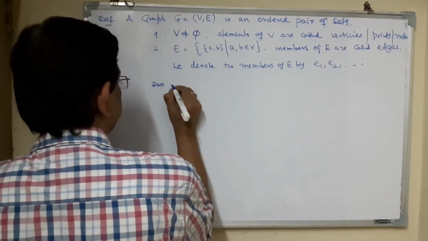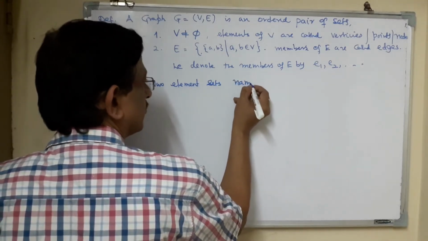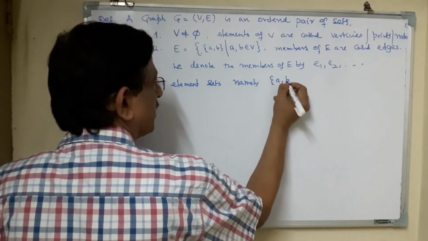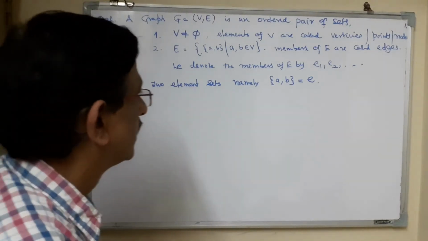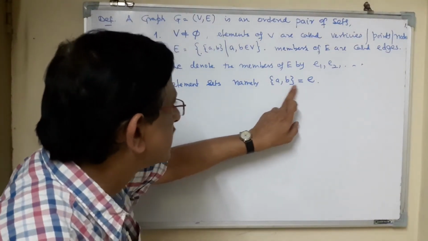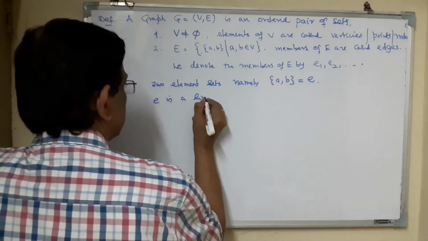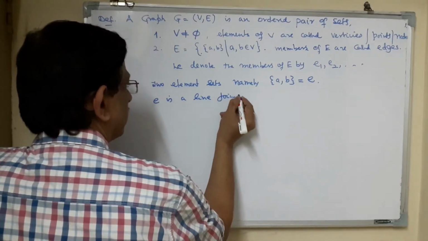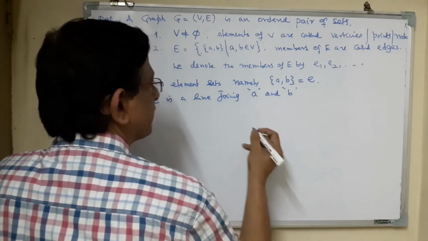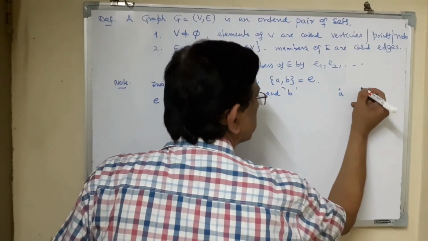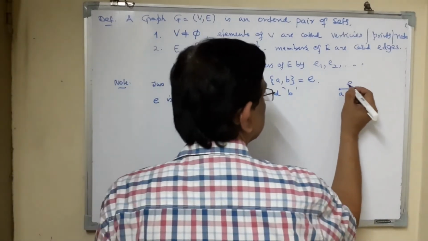Two element sets, namely {A, B}, is equal to e. So A and B are vertices. e is an edge. e is a line joining the vertex A and B. So we denote this this way, AB. And this is e.